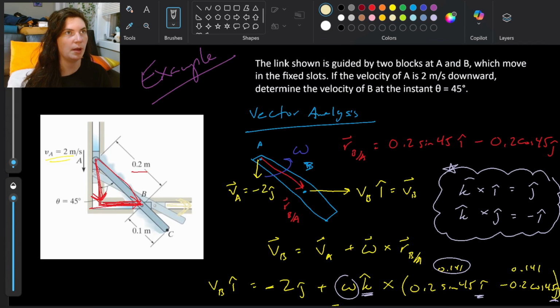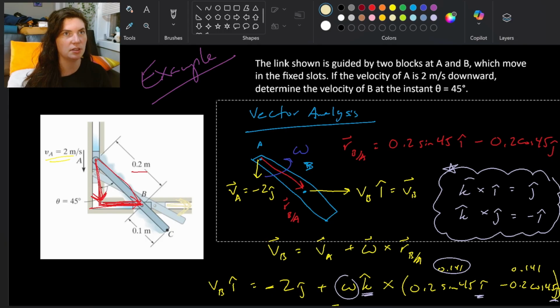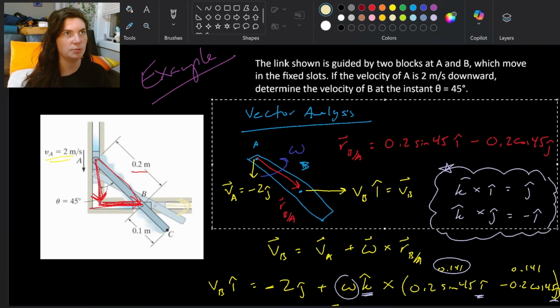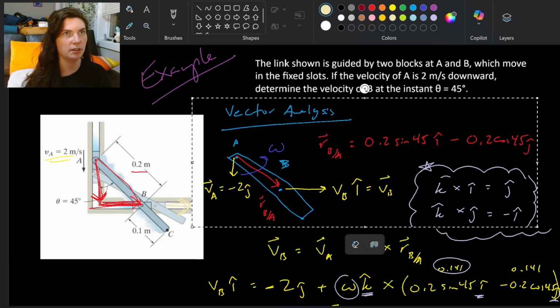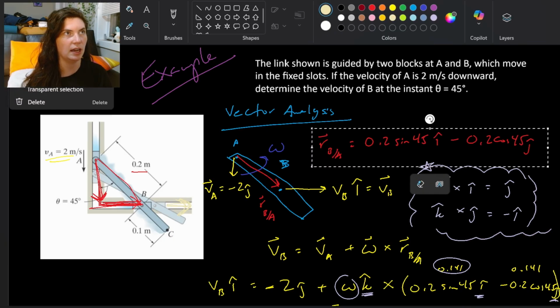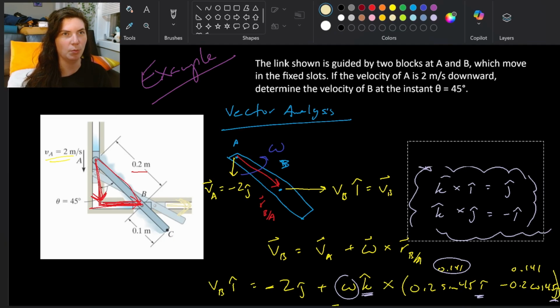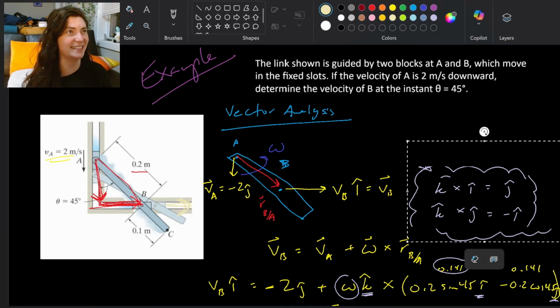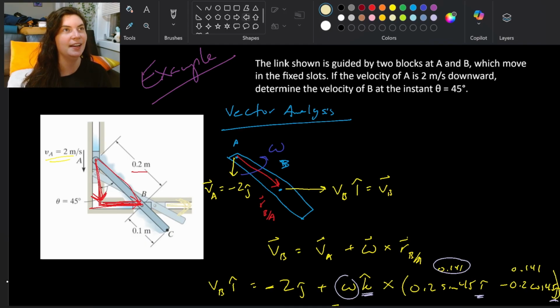I'm going to draw my picture over here so we can compare the two pictures. Sorry, I don't know why I'm working through this out loud. I'm just letting you know my thought process. But we're going to do the scalar form. So, scalar analysis.